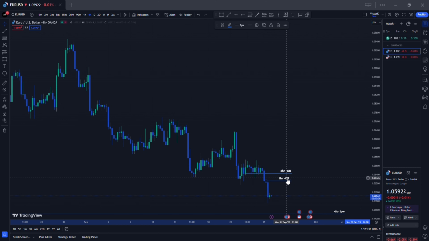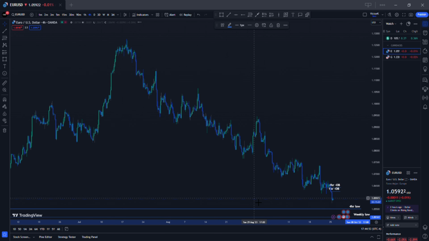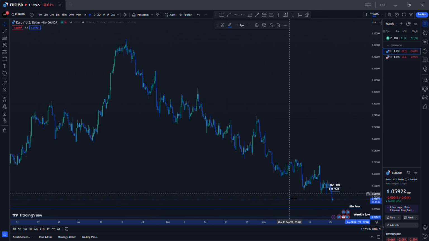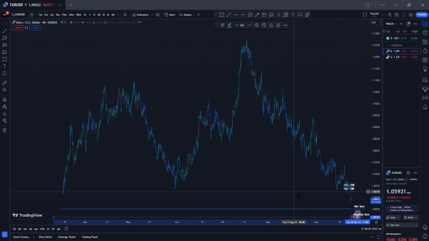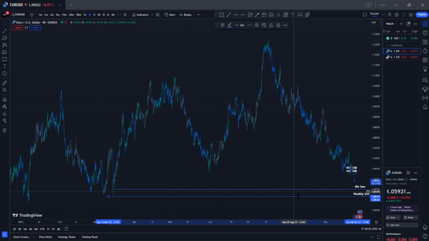So I had to go down to the 1-hour chart to look for a more sensible place that price may reach, considering the low strength of the Euro USD right now. I also marked out this 4-hour low, which would be my first target for Euro USD if I'm shorting. Okay, so this 4-hour low is the first target.